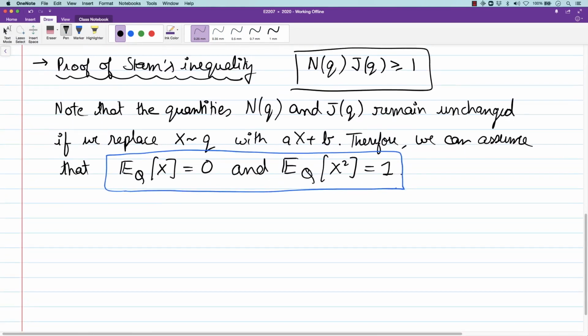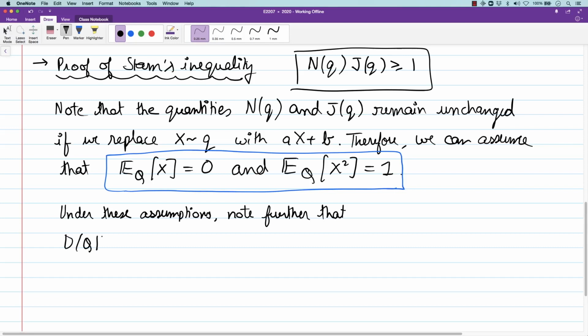Okay. So under this assumption, note, if you look at the divergence between Q and a Gaussian distribution, so this PG is the Gaussian distribution with zero mean and variance 1.